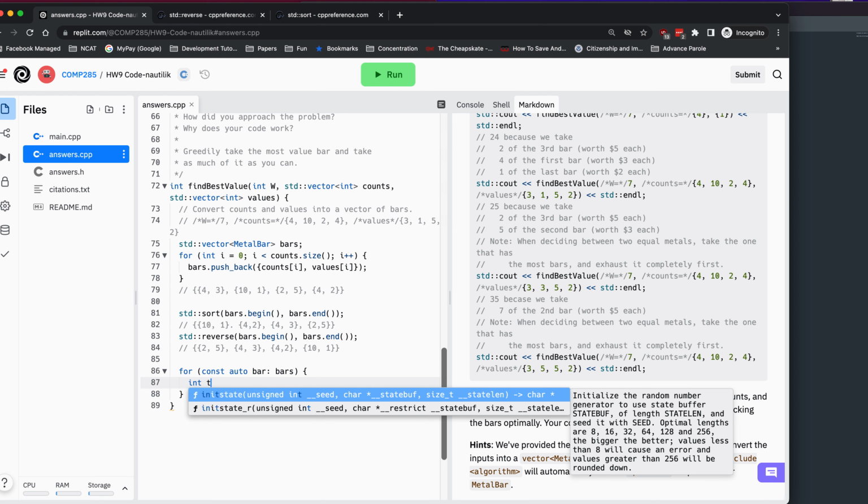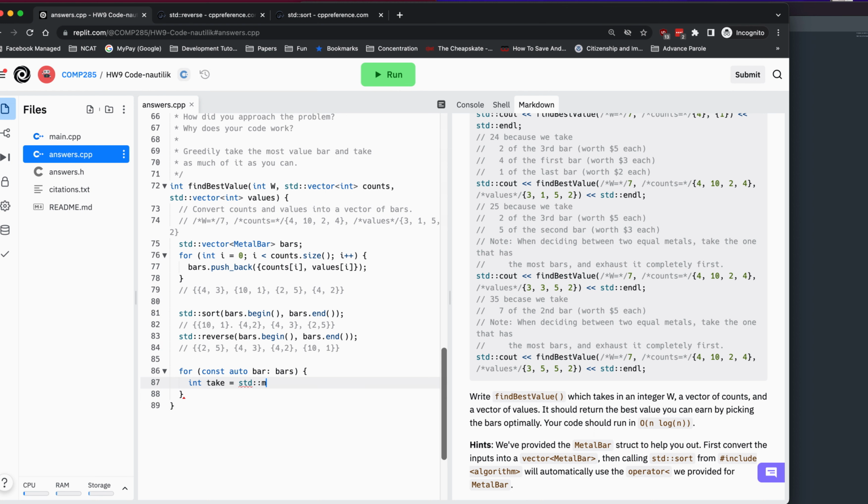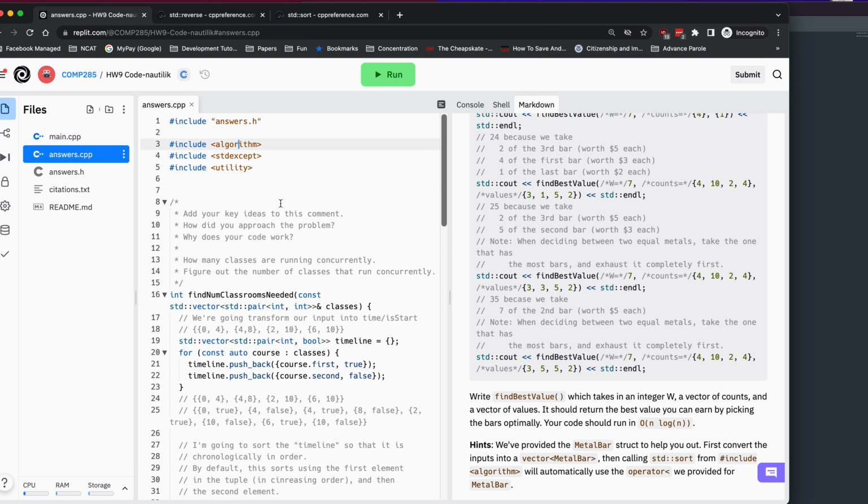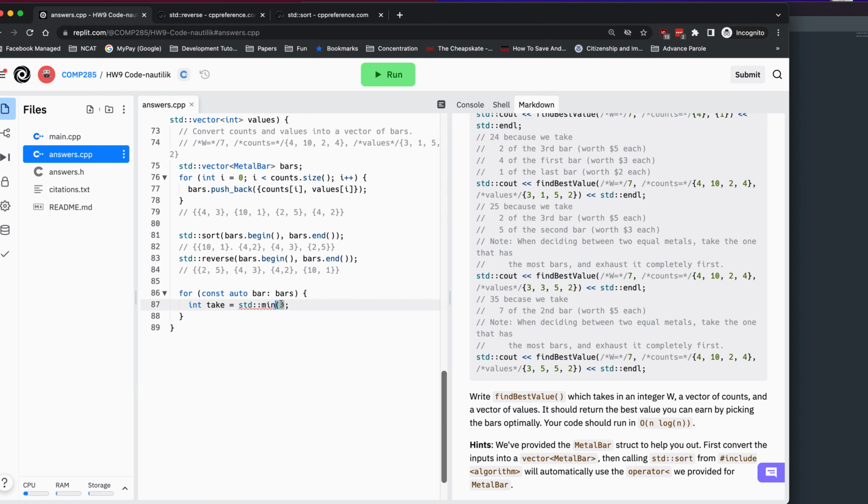So we're going to say how much we're going to take. We're going to take the minimum of, and you probably want to use the algorithm that's already there, the minimum of how much more we can fit, and bar.count, which is how many there are. And then at the end, we're going to have W minus equals how many we took.